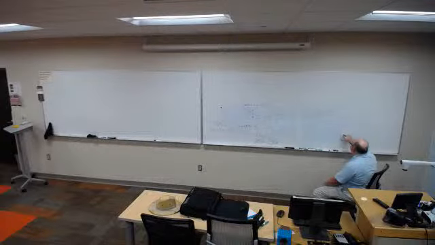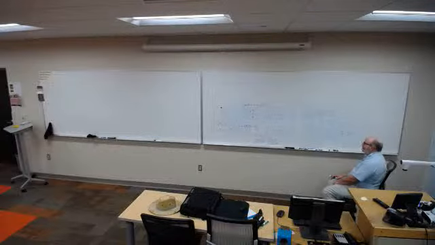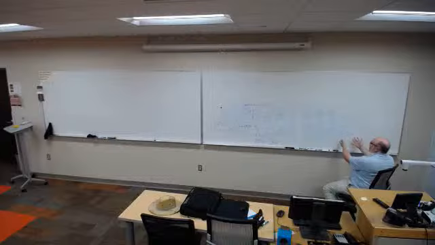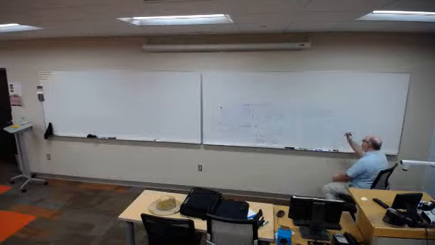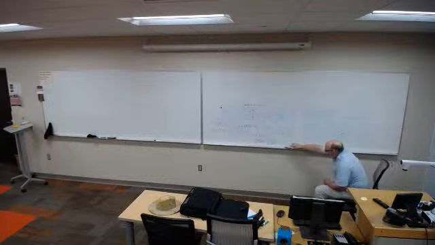No. If I have 1 over 3 plus 1 over 5, what's the common denominator? 15. Why? Because there's no common factor, you just multiply the denominators. So here there's no common factor between these two, so it's x times 2x minus 1. That's my common denominator.